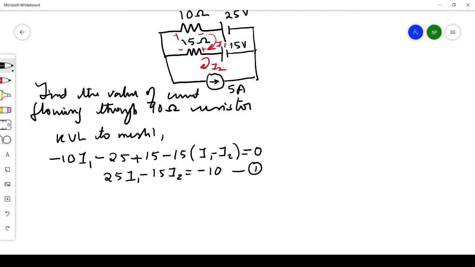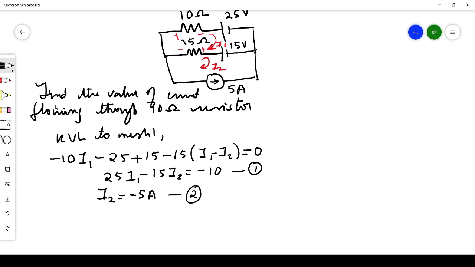We have taken I2 in the opposite direction to this 5 ampere, so we can write I2 as minus 5 ampere since it is in the opposite direction. So we have got the second equation, that is I2 is equal to minus 5 ampere. It is directly given in the question. And since we have taken I2 in the clockwise direction, just opposite to the current source direction, we have to put a negative sign there.